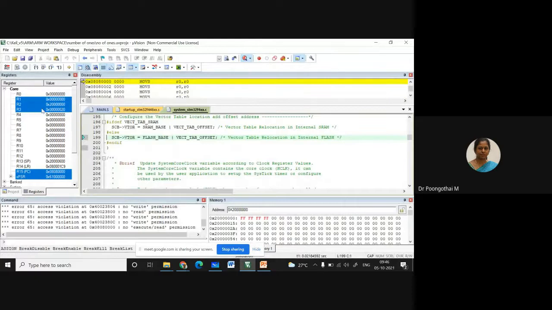So your R2 is loaded with your input address. Your input is stored in this particular address, and your R3 holds your count value. 20 in hex is nothing but 32, the 32-bit binary number.